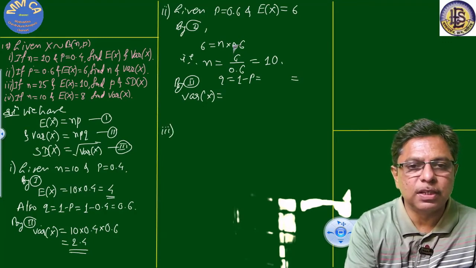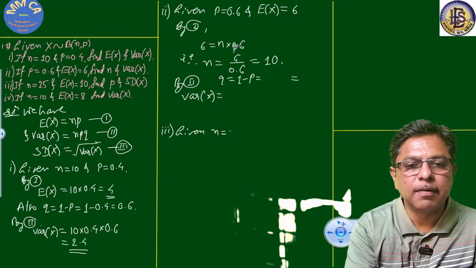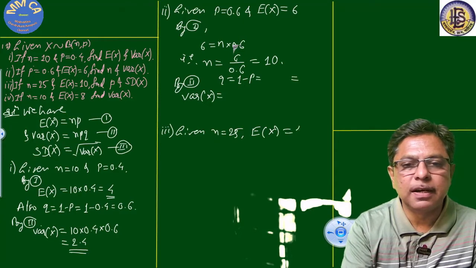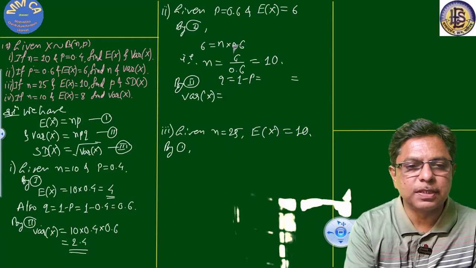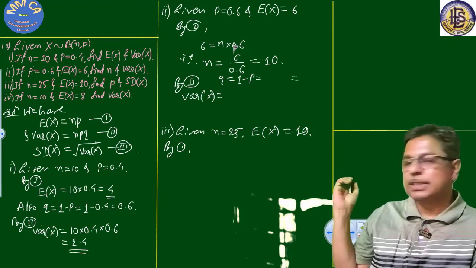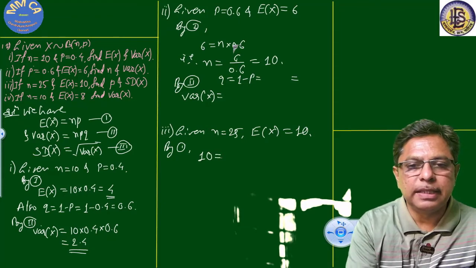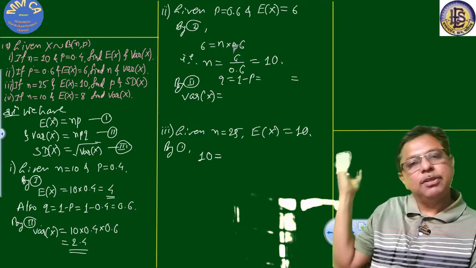I will go for the third sub question now. Given n is 25 and expectation of x is 10. First, again see, E of x is equal to np. E of x is 10. In the previous example, p was given and you were asked to find n. Here n is given and you are asked to find p.